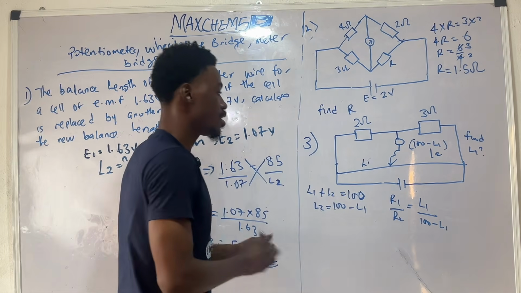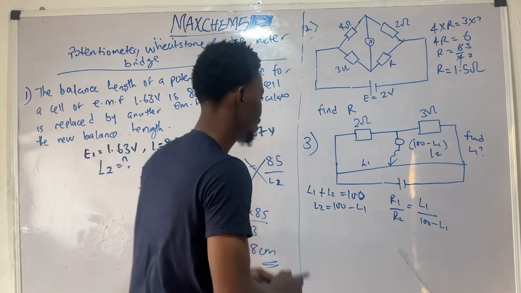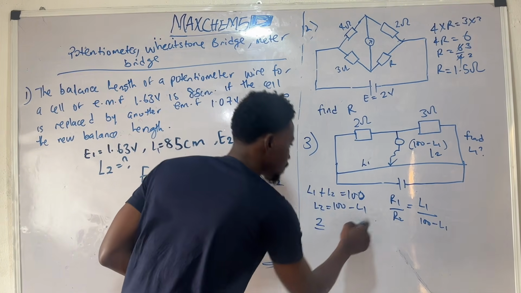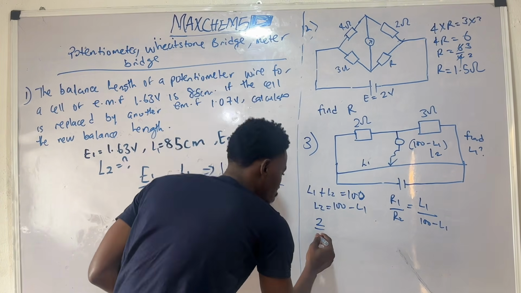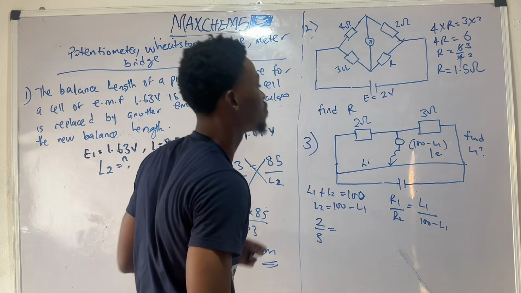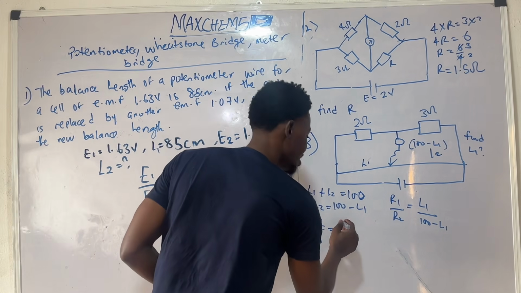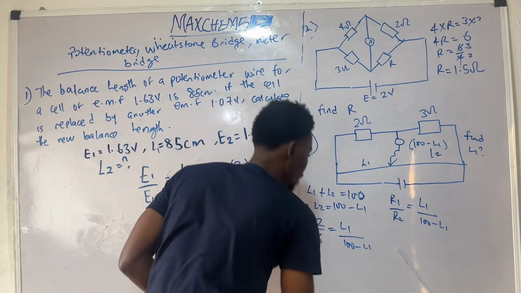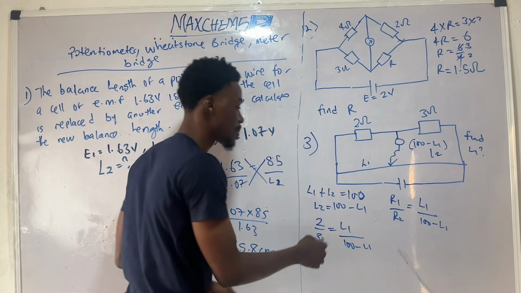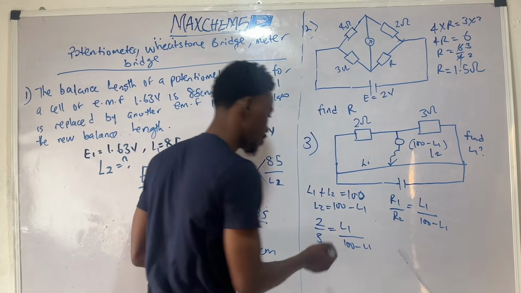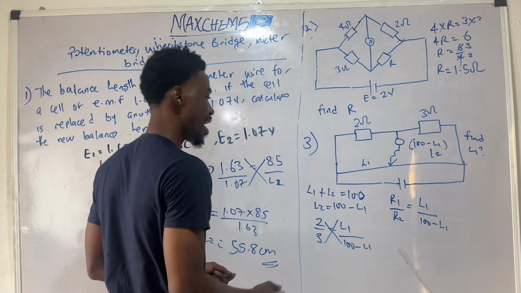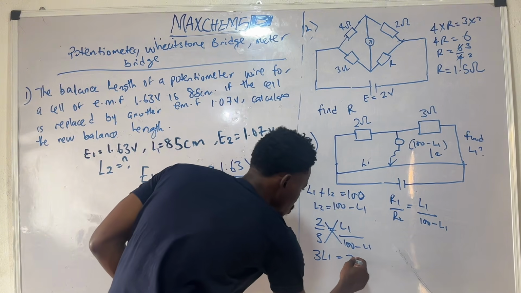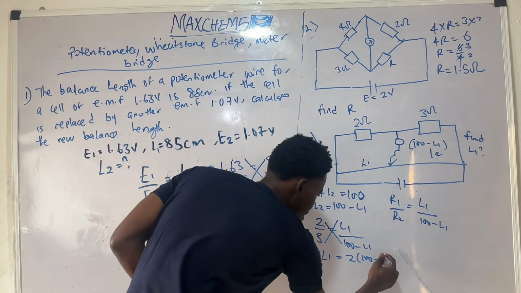So solving under the board here, I have the resistance R1 to be 2 and the resistance R2 to be 3 is equal to L1, the unknown I'm looking for, over 100 minus L1. To solve this, I simply cross multiply and make L1 the subject of formula. So cross multiplying, I have 3 times L1 is equal to 2 times 100 minus L1.